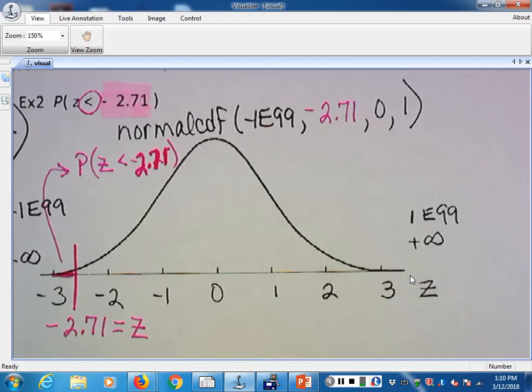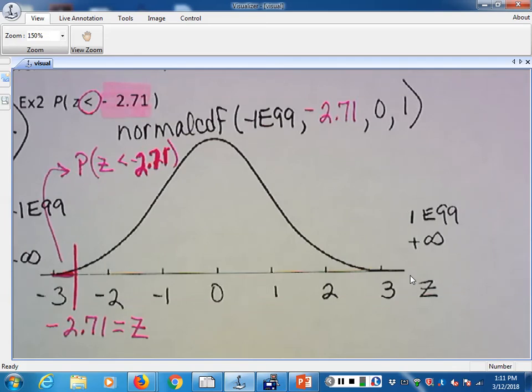Okay? So you put that in your calculator and you tell me what you get. Did you get a very, very large probability or a very, very small probability?